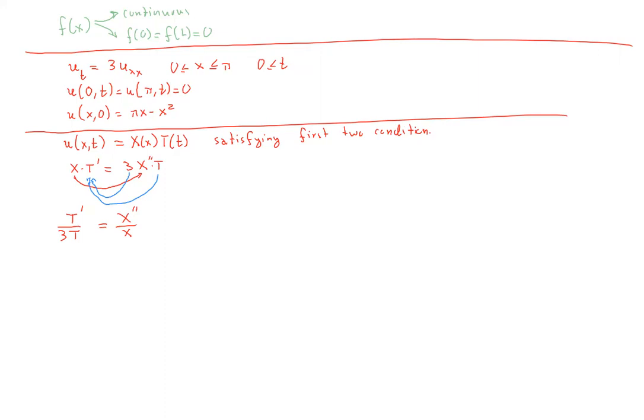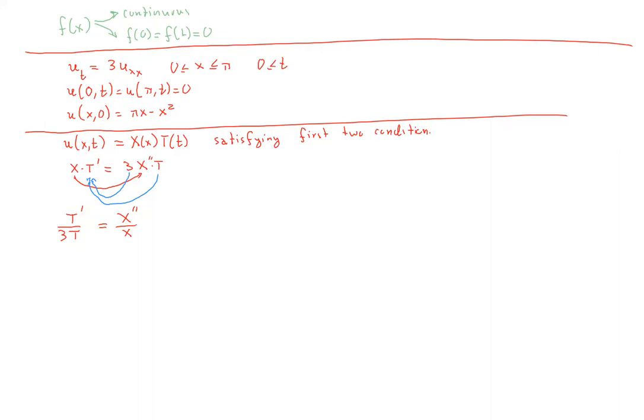And we argue that a quantity that depends only on t and a quantity that depends only on x can be equal regardless of the values of x and t that you plug in only if they're constant. It's pretty much automatic. Let me put it in more common language.